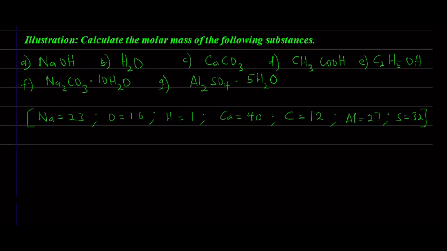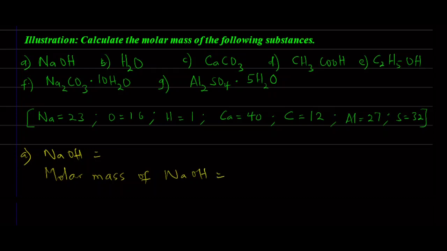So let's start with the first one, which is NaOH. We are given the atomic weight of the elements involved. So the atomic weight of sodium is given as 23, oxygen is 16, hydrogen is 1. So let's get the molar mass of sodium hydroxide.